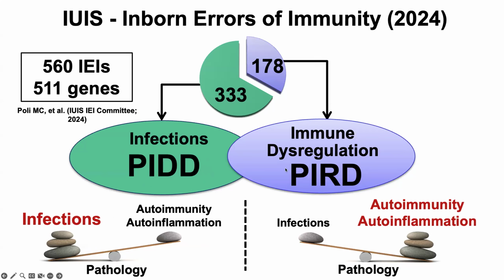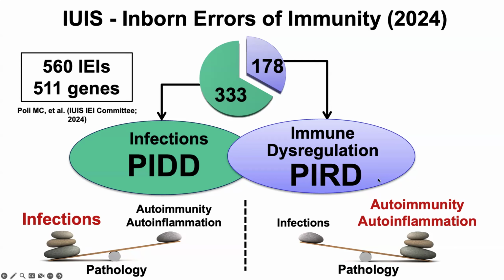But about 15, maybe close to 20 years ago, it was recognized that there were genes that caused immune system problems where the infections weren't such a big problem, but patients developed severe autoimmunity or autoinflammation. These are defects in the regulatory part of the immune system.